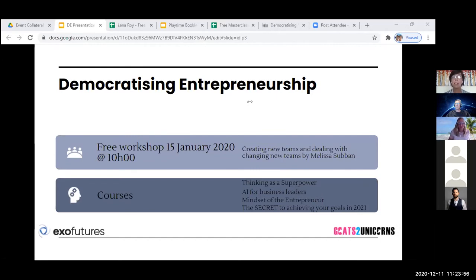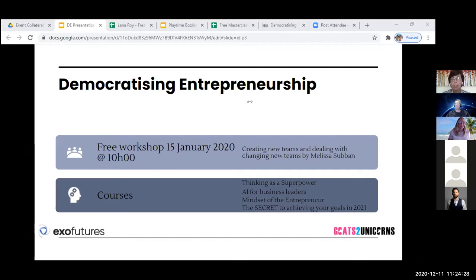This is our last masterclass for the year. Craig will talk a little more to thanking everybody at the end. Our next free workshop will be from Melissa Subban on the 15th of January, where she will talk to us about creating new teams and dealing with changing teams. All these workshops we are doing to democratize entrepreneurship with our community.